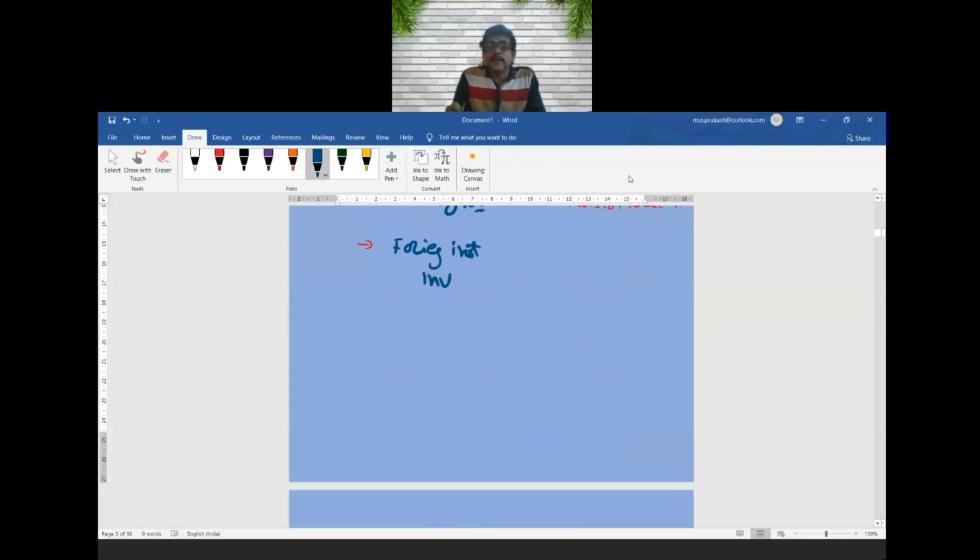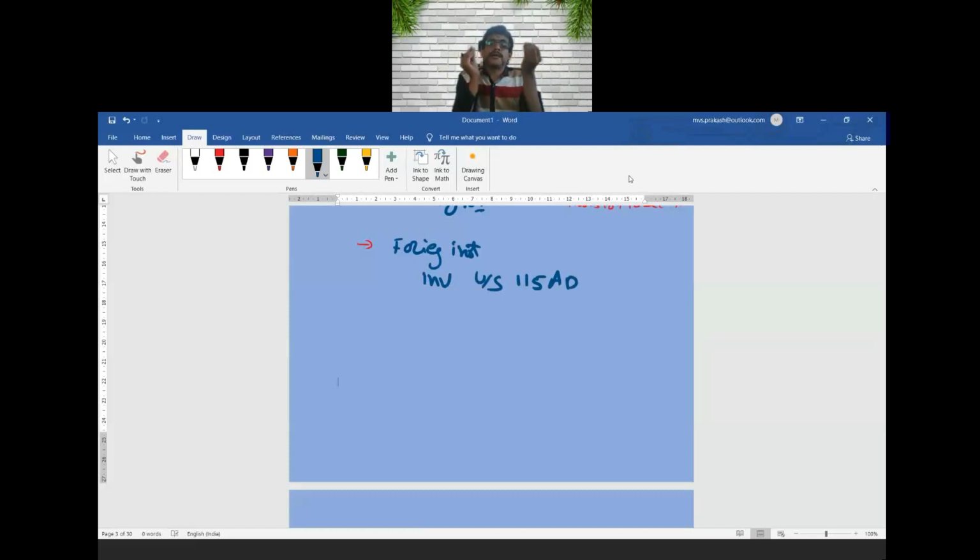Whenever a foreign institutional investor does a transfer, there also you should not consider indexation. So you are called a foreign institutional investor under section 115AD. These are the cases where indexation is not to be provided.